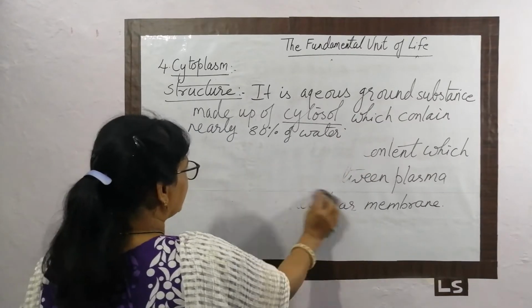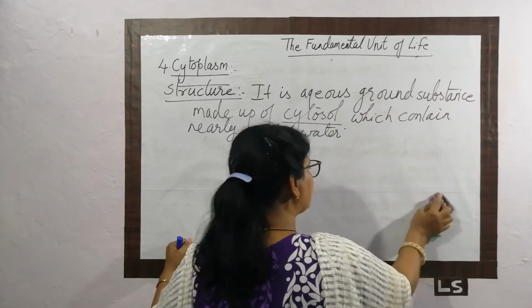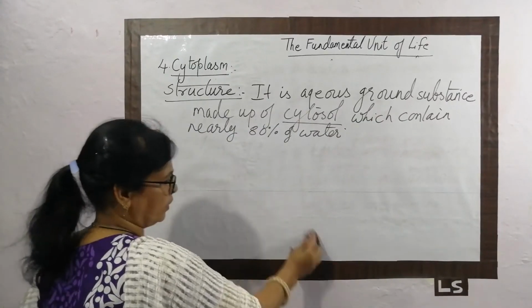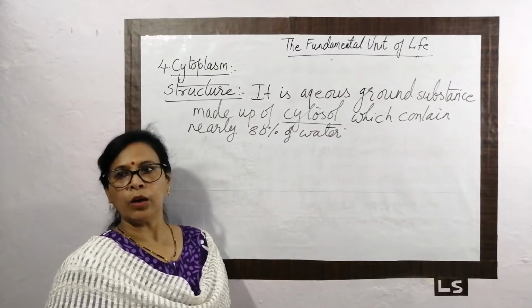Cytoplasm is a fluid ground substance. Ground substance means it is the place for various cell organelles.